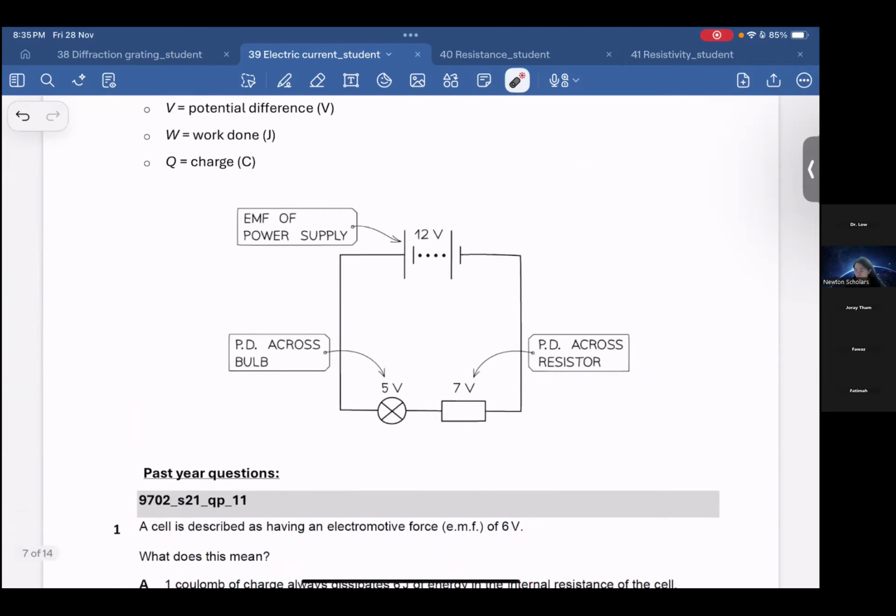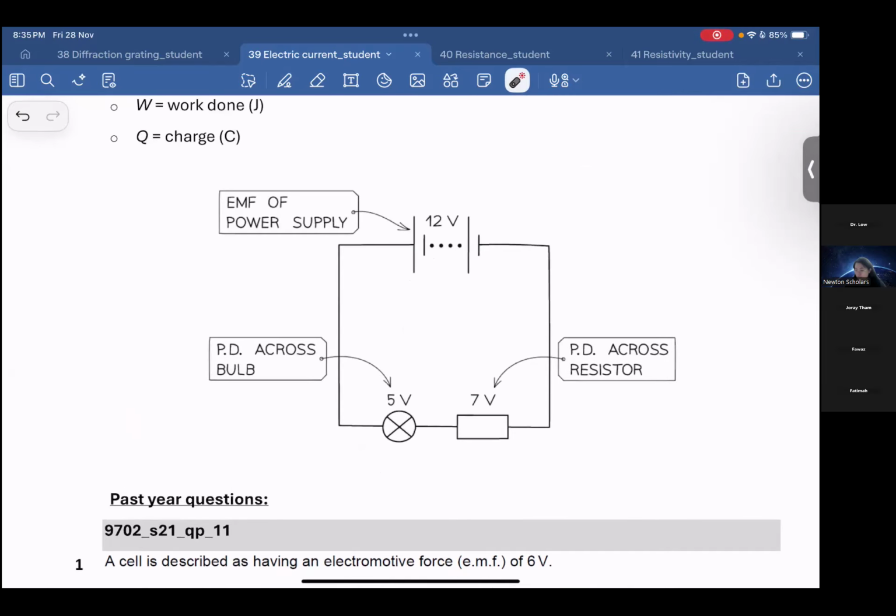In year 10 and year 11, form 5, we already learned potential difference is across the component. The bulb is a component and the resistor is a component. So across the component, the work done in driving one coulomb of charge, we call it potential difference, or voltage.